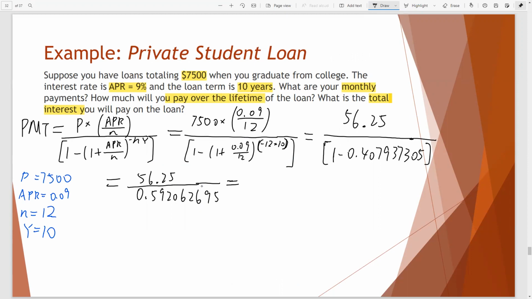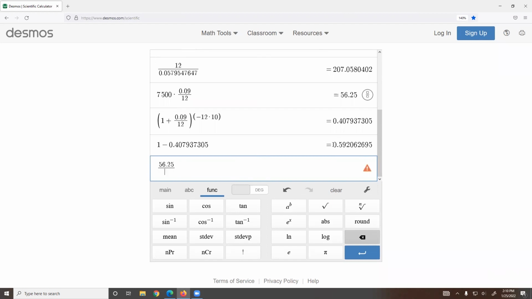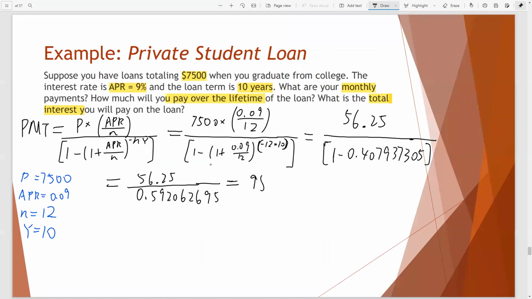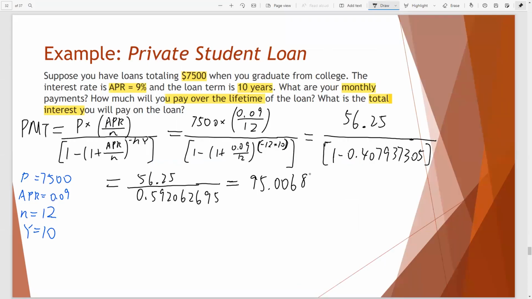Then divide: 56.25 divided by this number is 95.006, so the monthly payment is $95.01.